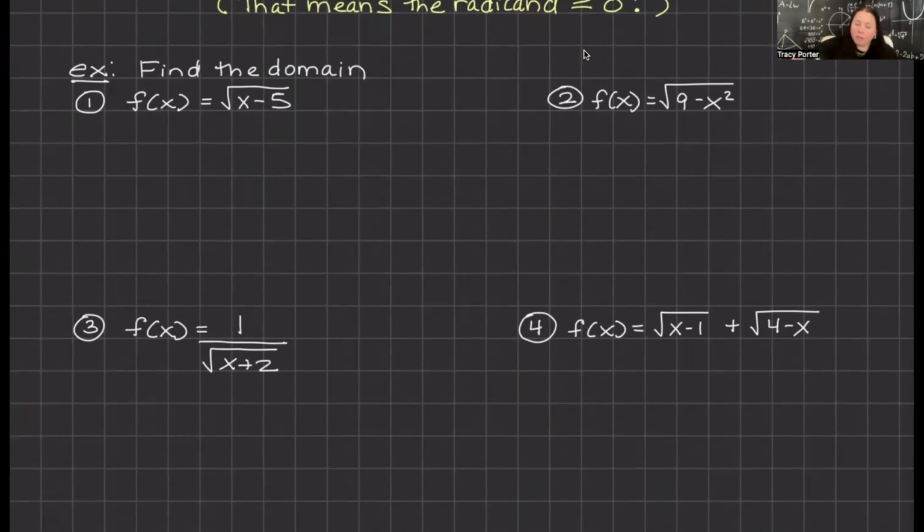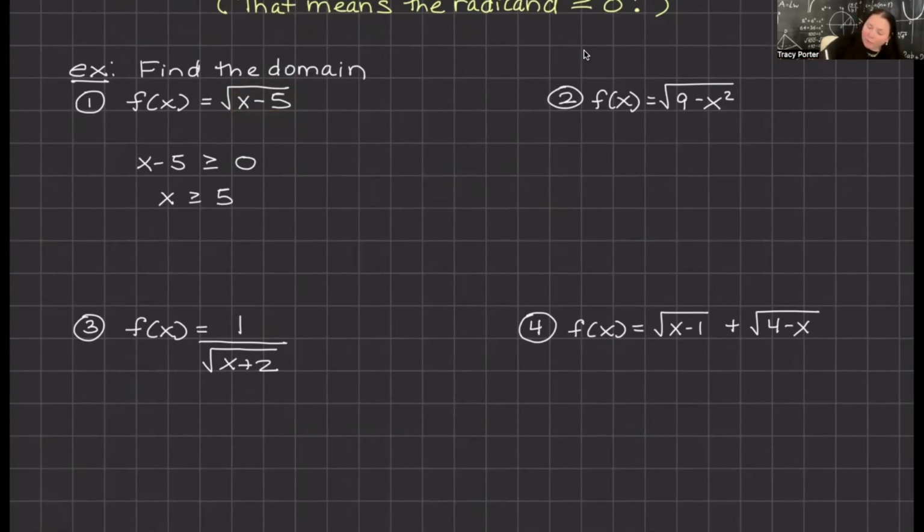For the first one, if we want to find the domain, the radicand is just this part, x minus 5. So we will take the x minus 5 and solve the inequality for when that is greater than or equal to 0. We add 5 to both sides, and we see that x will have to be greater than or equal to 5.